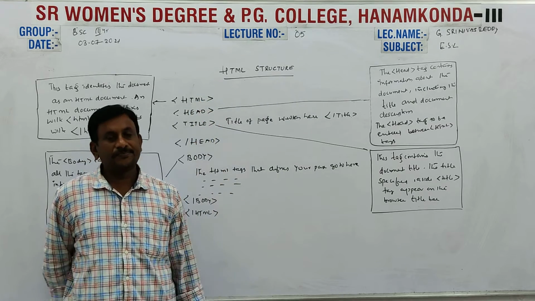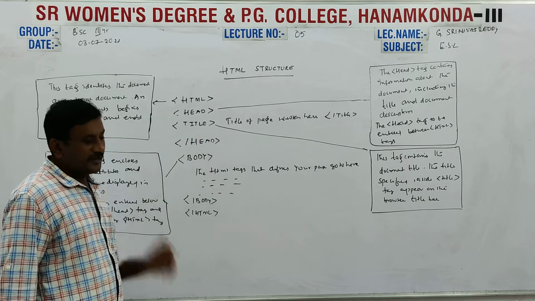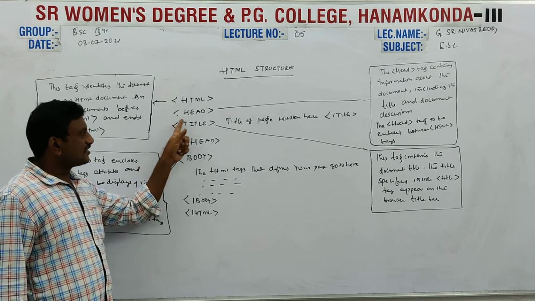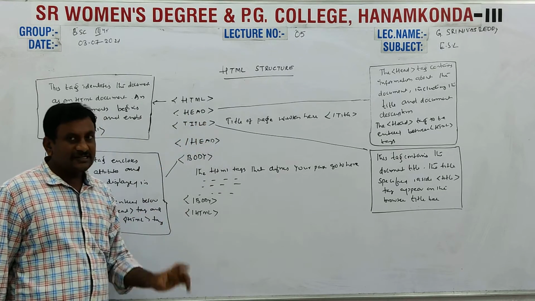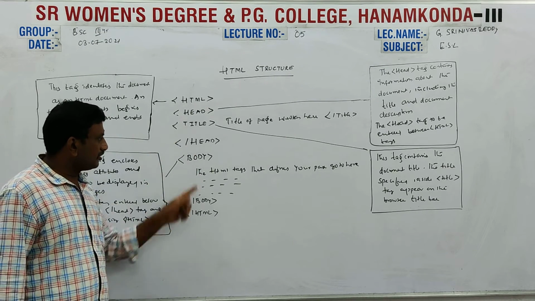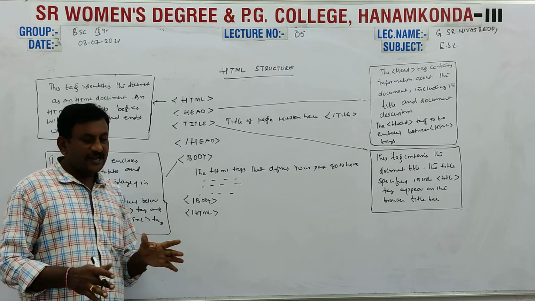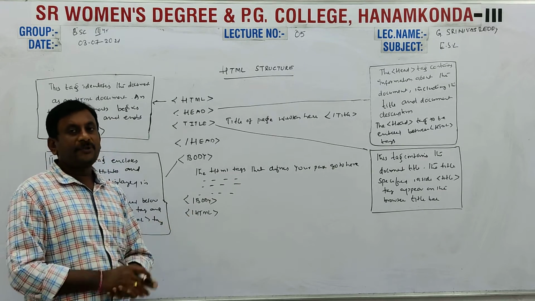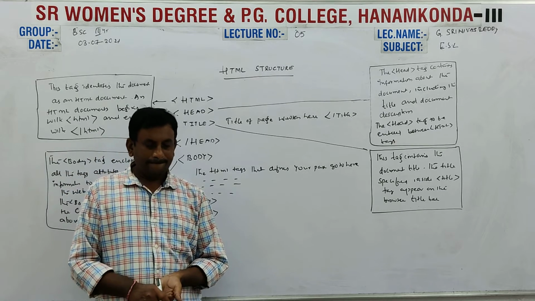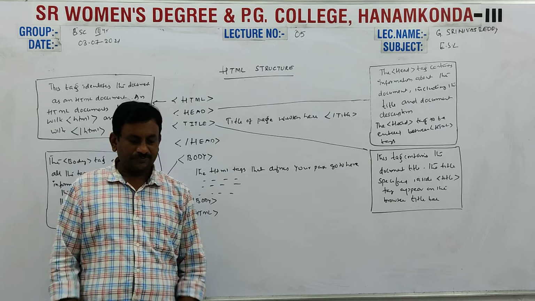HTML is also a tag, because we are using the less than symbol and greater than symbol. If you create some content, it's called head. That is also a tag. And this is the closing tag, which has a slash before the content. Tags are indicated with less than and greater than symbols.